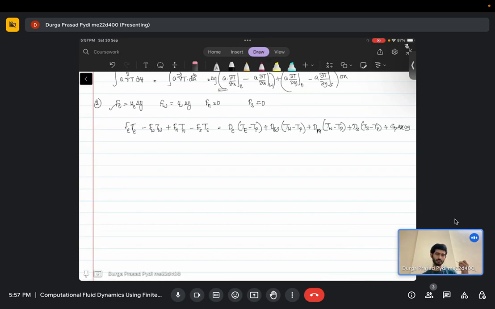Now we need to fix on the scheme that we will be using. Maybe it is the right time to discuss all the schemes. We have discussed central differencing or simply CDS, and then we have an upwind scheme, and in addition to this we have two other schemes that we will be discussing during this session: one is a hybrid scheme and then a power law scheme.